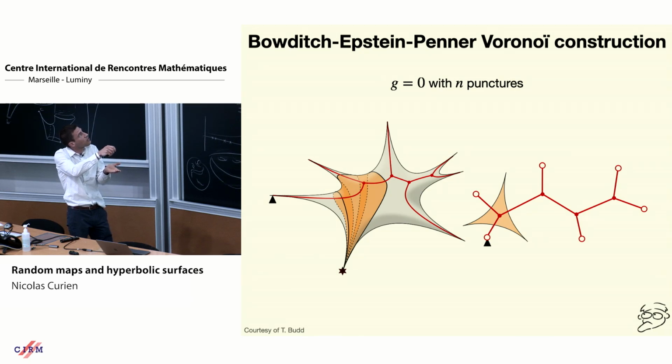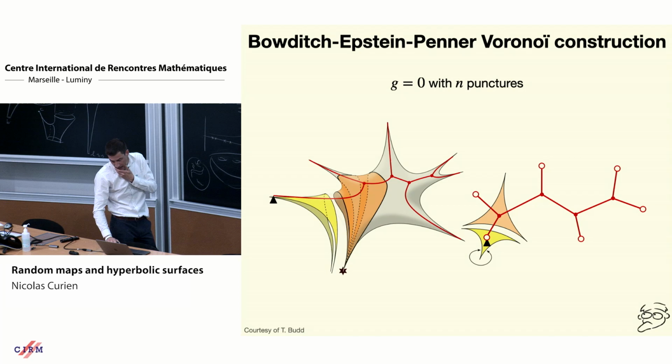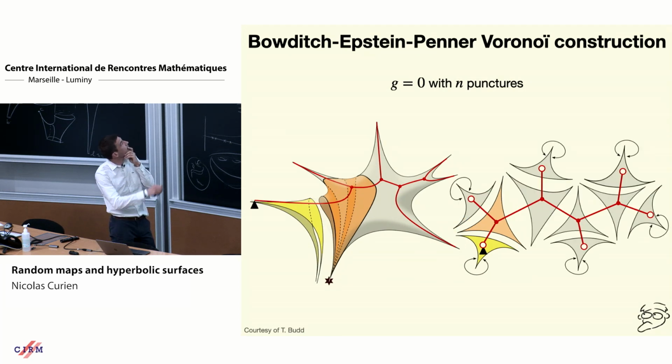Now this is your tree drawn on your surface. Now you consider the dual of this tree, meaning for each edge here, you consider the geodesic loop, orthogonal, or let's say dual to this edge, and this will give you a triangle. And so you have a decomposition of your surface as a gluing of triangles.